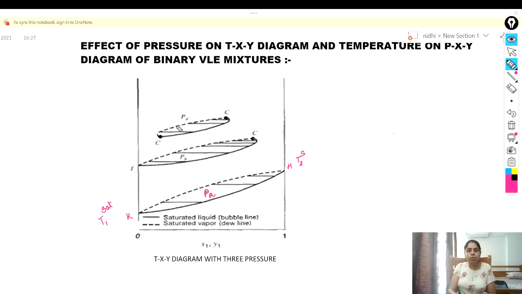So for both component 1 and component 2, when you further increase the pressure, the critical temperature is attained quickly, and you will get only partially two phases.